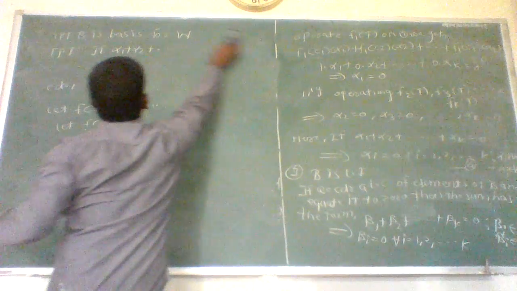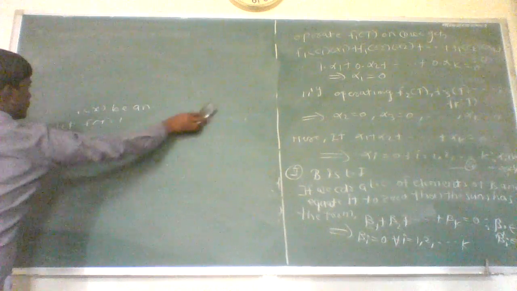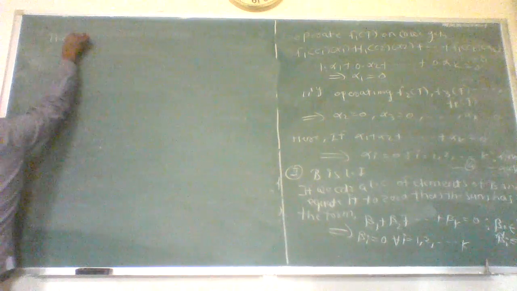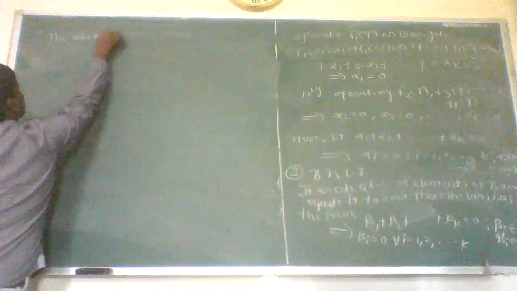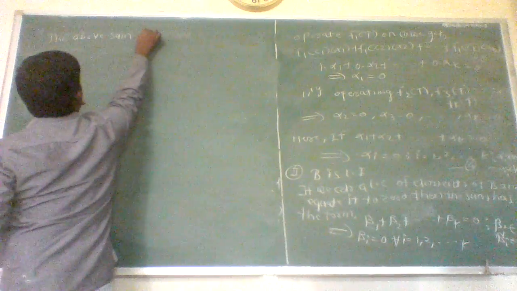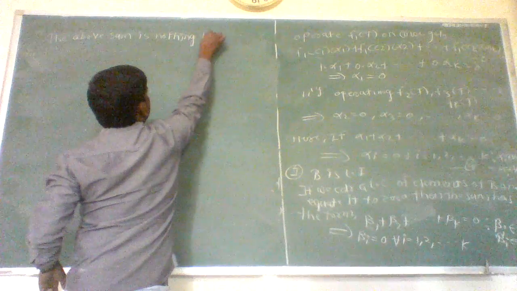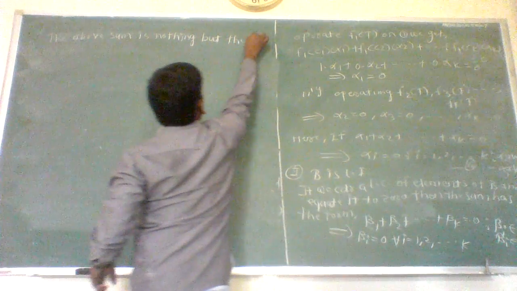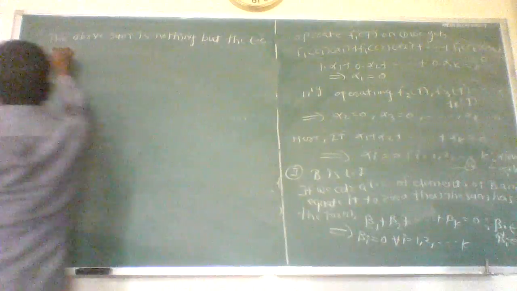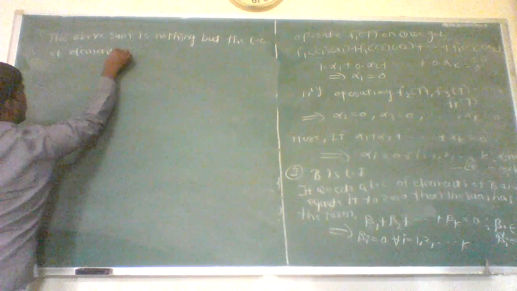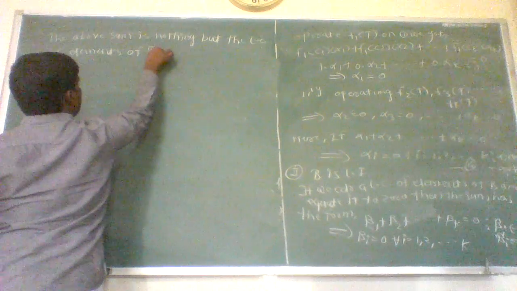Okay, so the above sum is nothing but the linear combination of elements of the Bi.